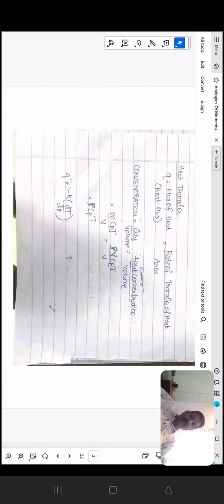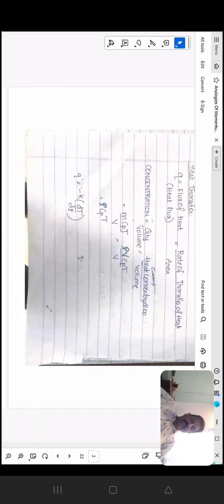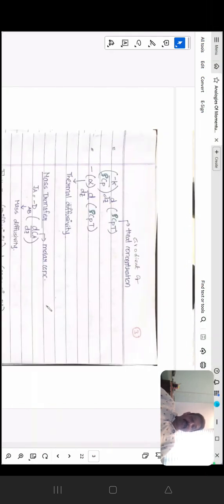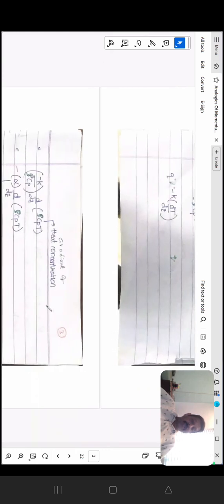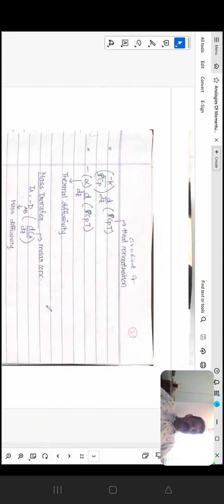So now you write Fourier's law. Flux Q is equal to minus K dT by dz. I'll multiply and divide by rho Cp. Then we get K by rho Cp into d of rho Cp T by dz. K by rho Cp, you know what it is?